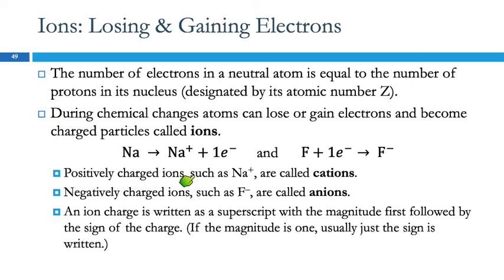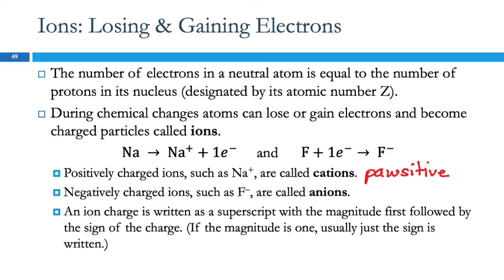Positively charged ions are called cations. Negatively charged ions are called anions. So cations are positive. Remember that because Persepius also said that. Did he? Yeah.